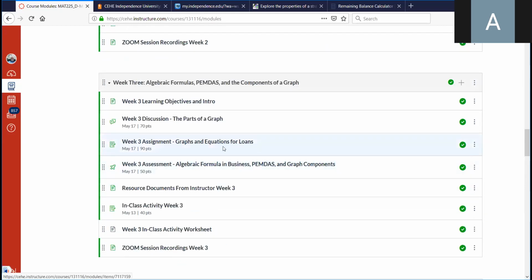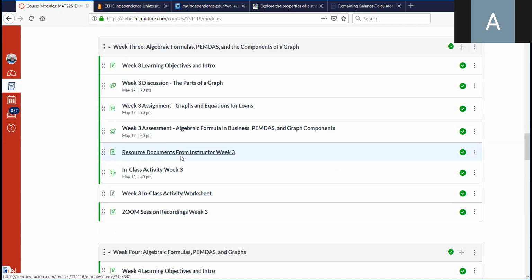I closed out the shell and went back in. You should be able to see week three simply in class. Refresh the shell using the little circular arrow in the upper left. I got it.